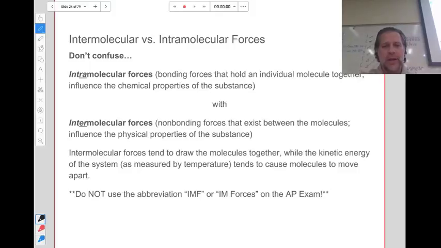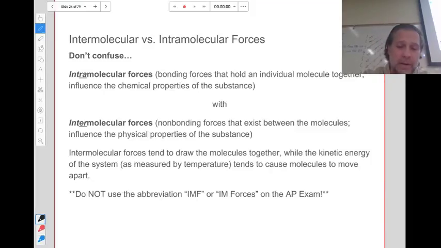So we're going to go back to covalent compounds a little bit. Intermolecular forces tend to draw the molecules together, while the kinetic energy of the system tends to cause molecules to move apart. So intermolecular forces is essentially this giant dance between how strongly the molecules are held together by their attraction versus how much kinetic energy the system has.